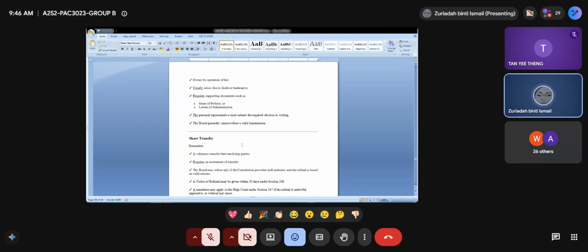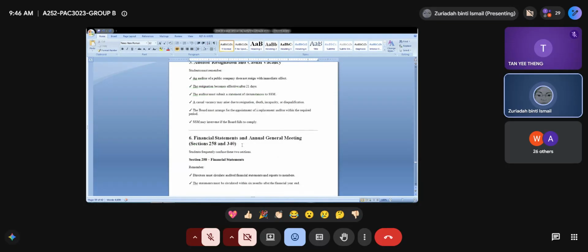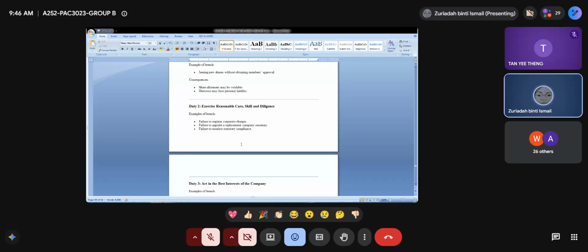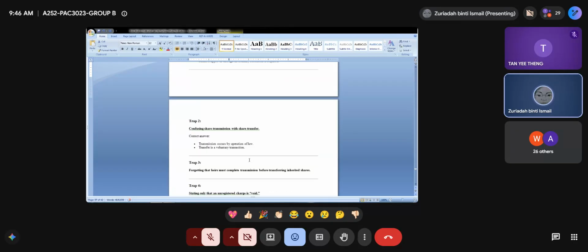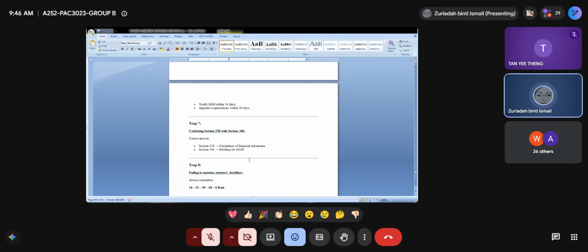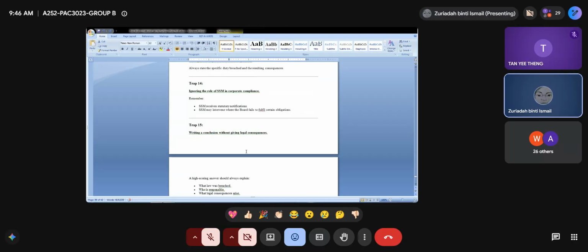This is the topic that they are going to test in your final assessment. I hope this note will help you prepare good answers in order to avoid losing marks. I also put in some traps, and this is the matter you should be concerned about.